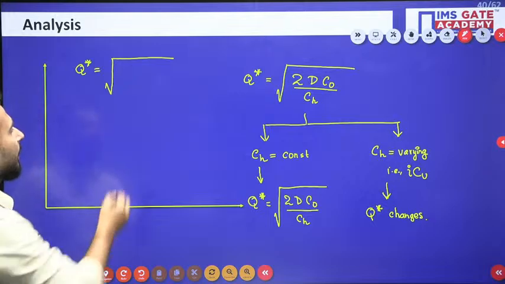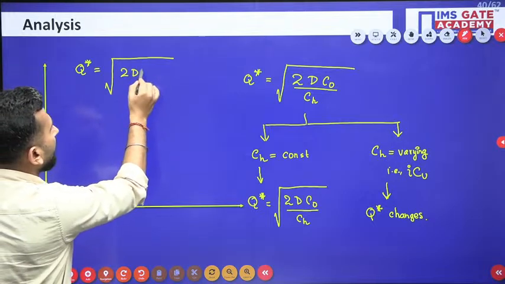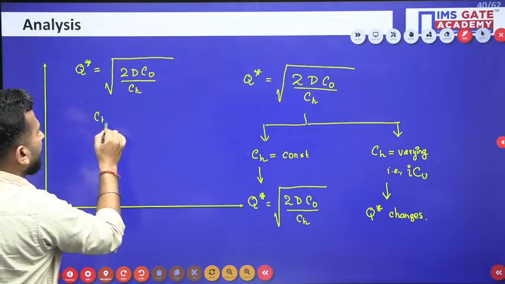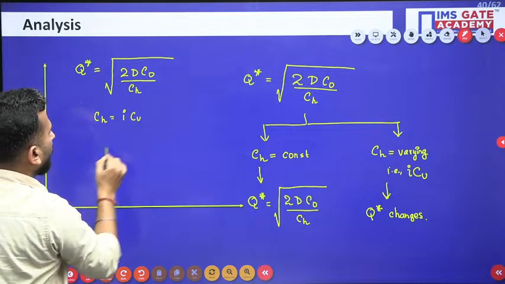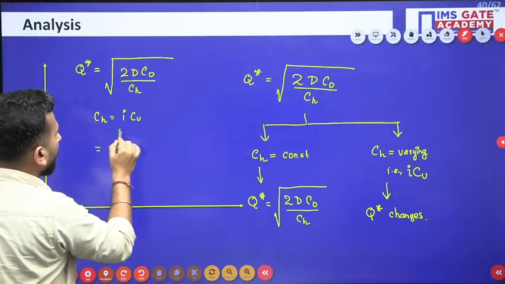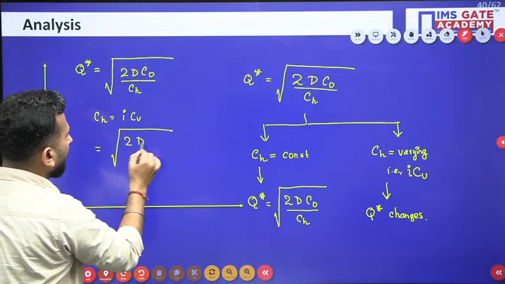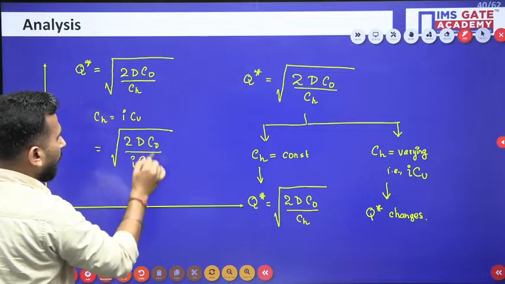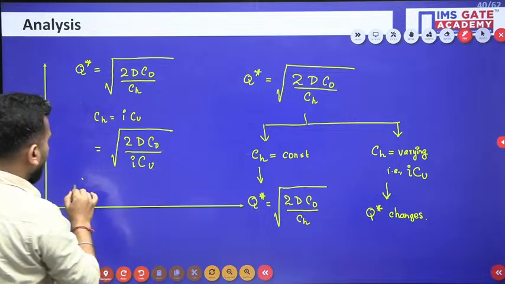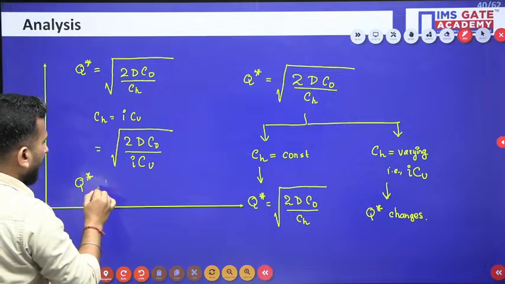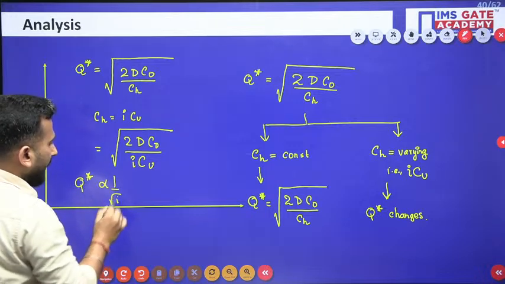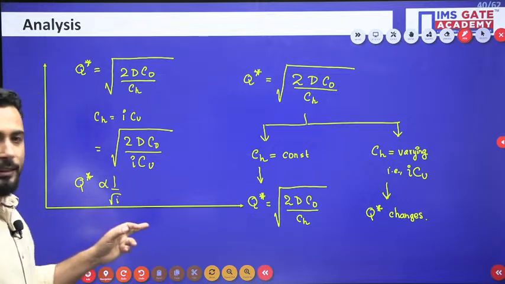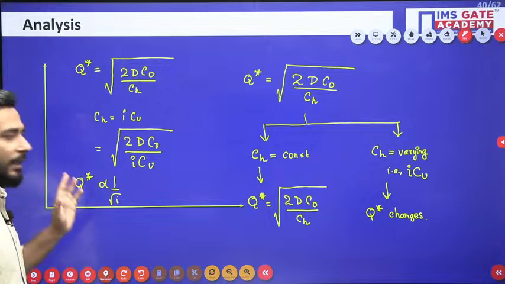So Q star is root over 2D C0 by CH, and now CH is nothing but I times C unit cost. So it is 2D C0 by ICU. All these are constant, so I can say that Q star is proportional to 1 by root I. As your discount increases, your Q star decreases.